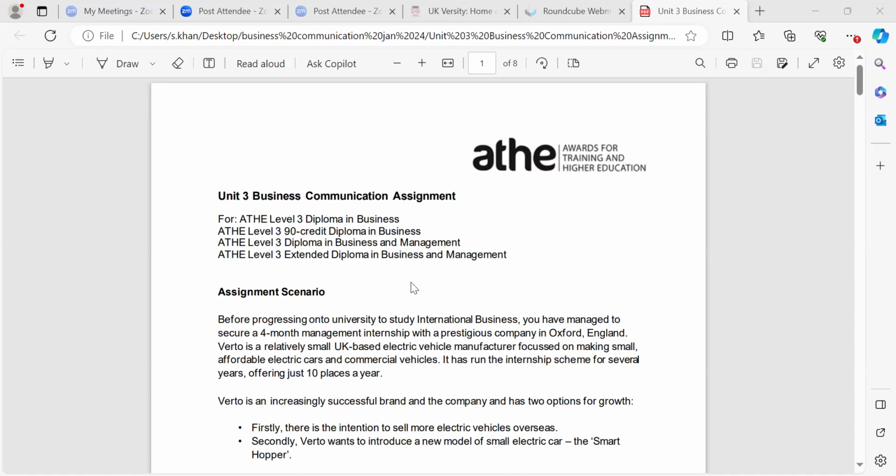For external, we looked at business letters, emails, social media, and reports, which are more external forms of communication. We then went on to look at the use of technology within communication and channels of communication.